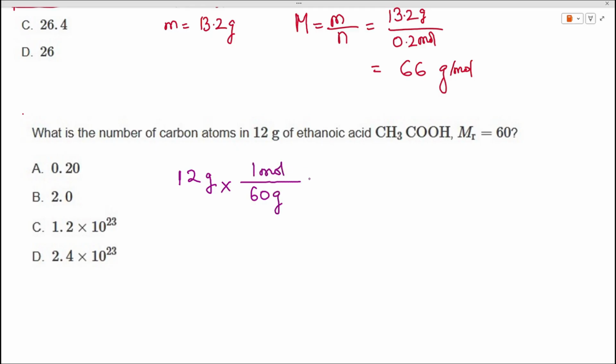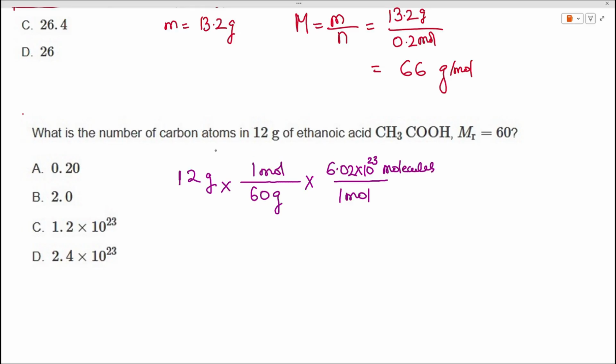Now, because we need to get rid of the moles, we will say that 1 mole, just because it's a compound, will have 6.02 times 10 to the power of 23 molecules.